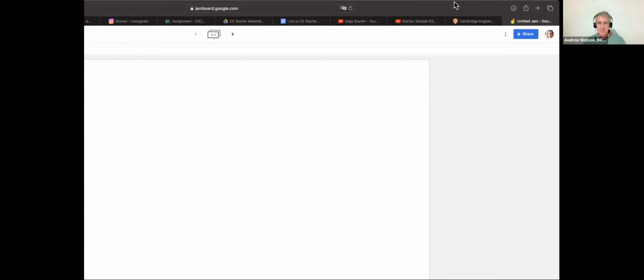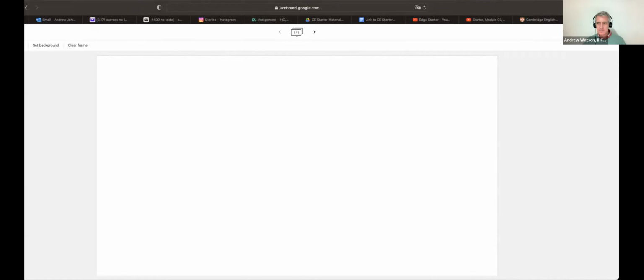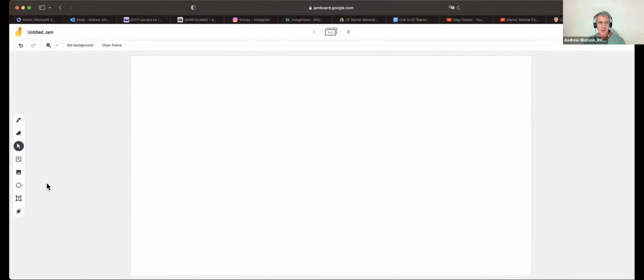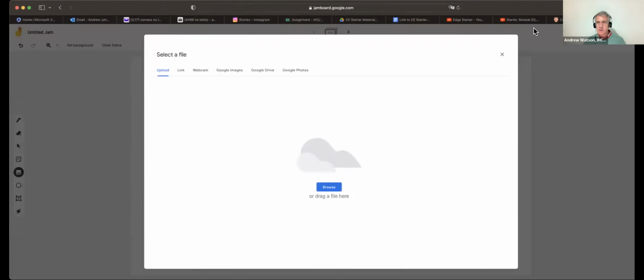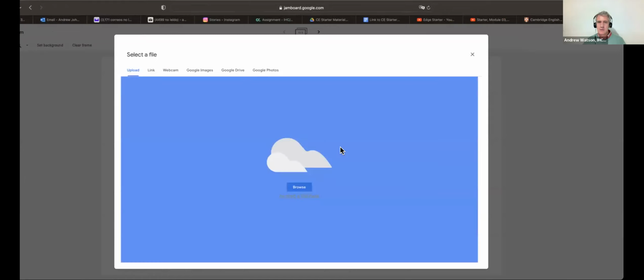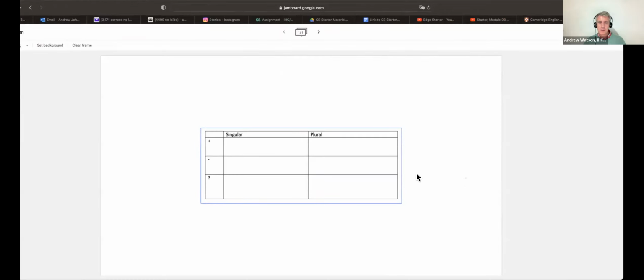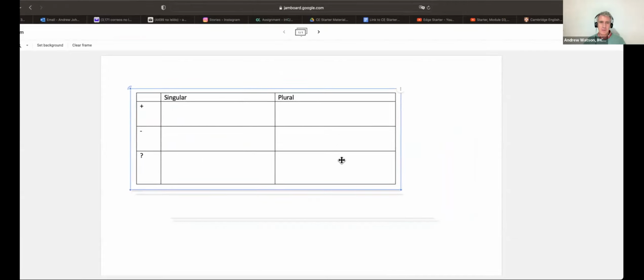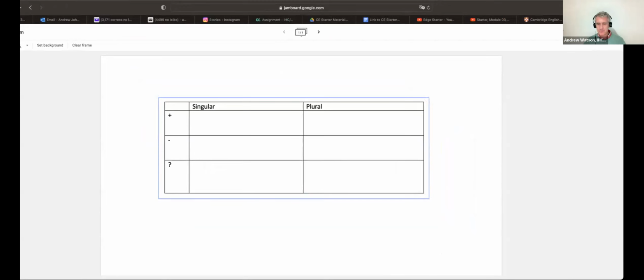Now we put this, made a little table on Word. And we can insert this into a Jamboard somehow. Like that. Okay, now you've got a table. This is your little form table.